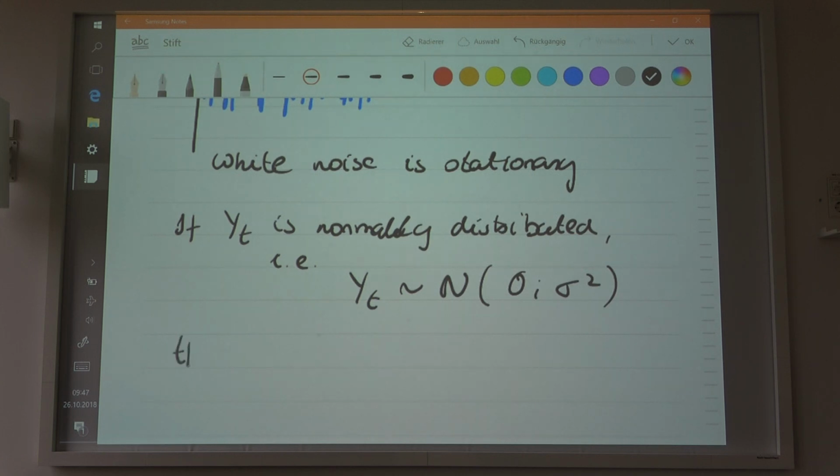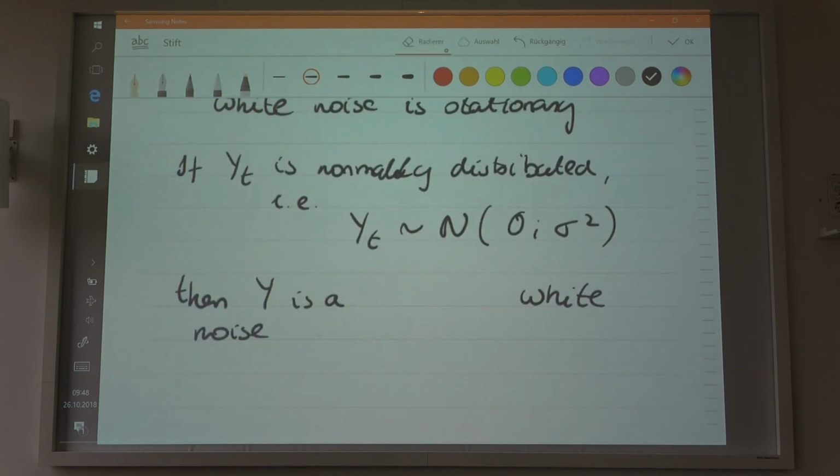So then Y is a Gaussian white noise. Gaussian, in reference to Carl Friedrich Gauss, the mathematician. You heard of the Gauss distribution, which is a normal distribution. That's how it's called then.